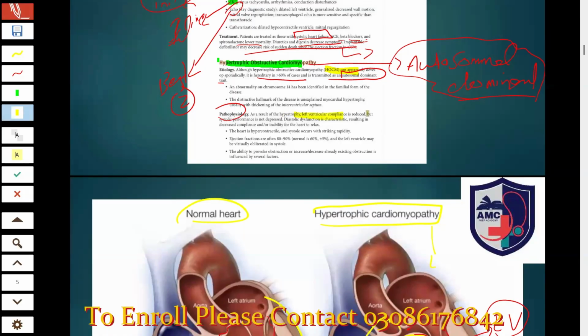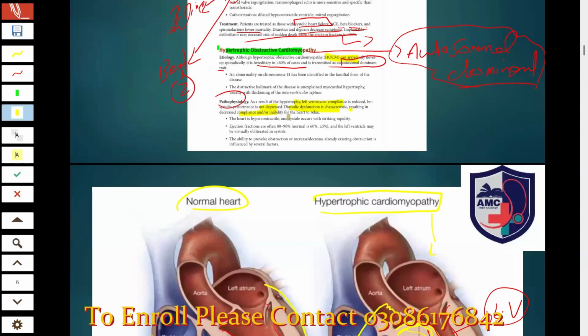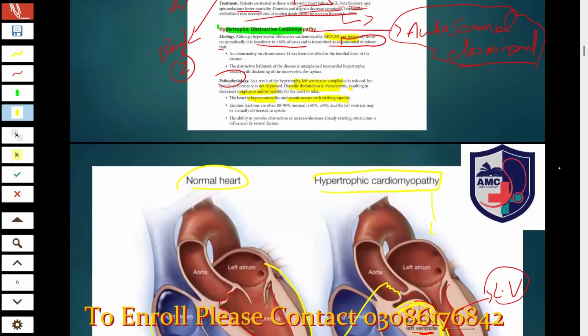And pathophysiology: hypertrophy of the left ventricle, compliance is depressed, diastolic dysfunction is affected, resulting in decreased compliance, and the heart is hypercontractile because contractility is preserved. Systolic function is preserved, the problem is diastolic, and systole occurs very rapidly.